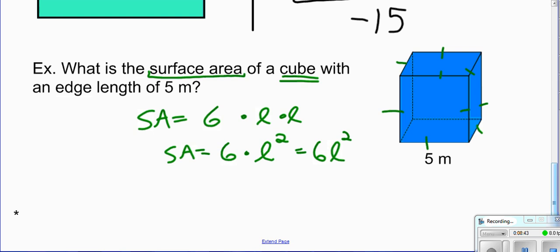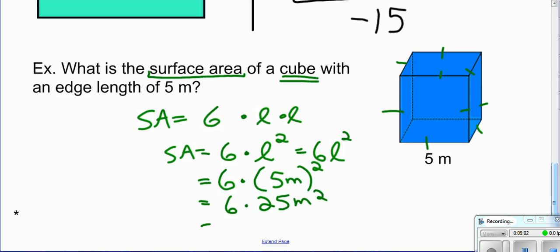Our length is 5 meters, so the surface area is 6 times 5 meters squared. Again, we put the whole thing in brackets because the 5 gets squared as well as the meters. So 6 times 25 meters squared, or 150 meters squared. Hopefully that's a nice review question for you from grade 8.